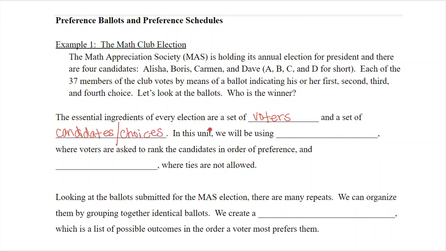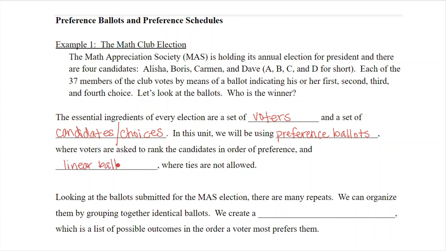So, in this unit, we will be using preference ballots, where voters are asked to rank the candidates in order of preference, and we are going to be using linear ballots, where ties are not allowed.